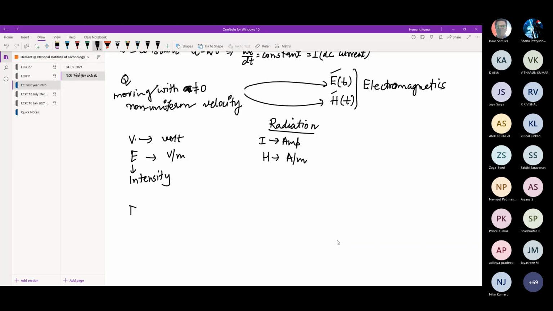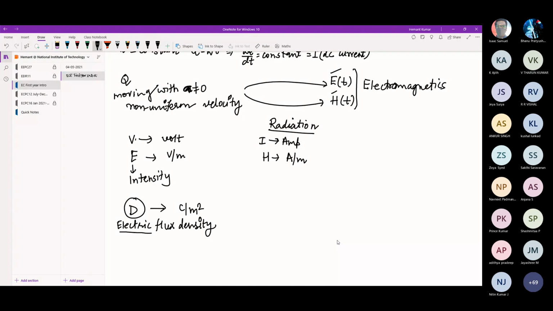The other term is electric flux density. It is represented by D and its unit is coulomb per meter square. Why is it coulomb per meter square?